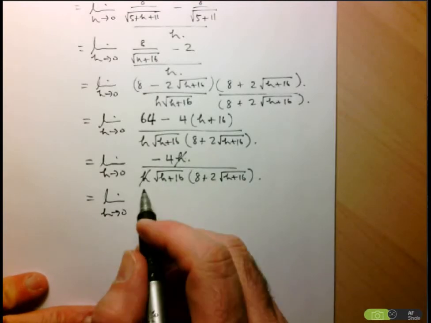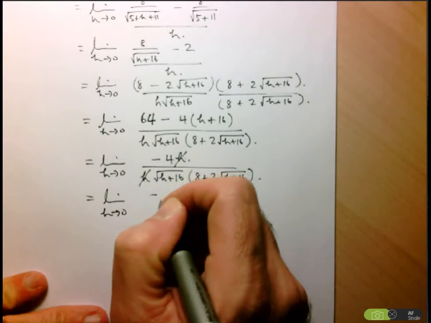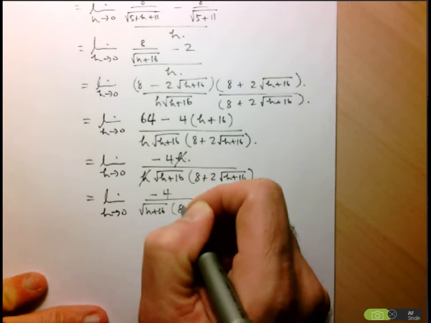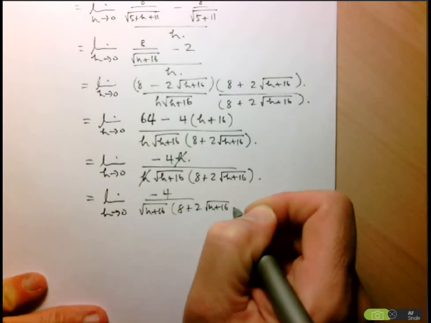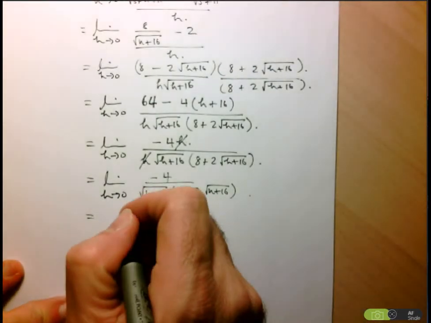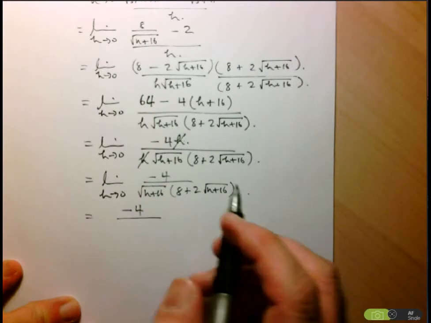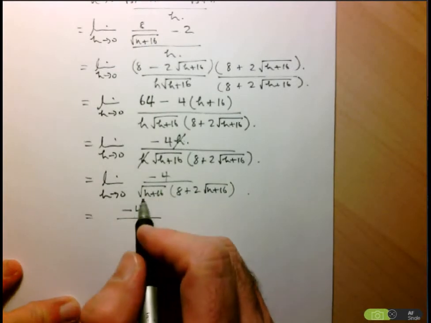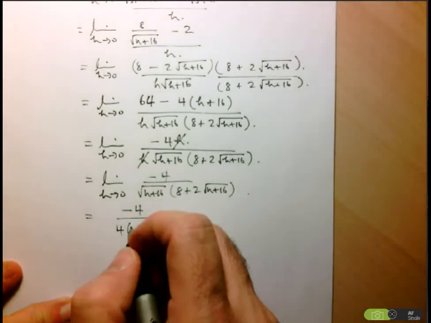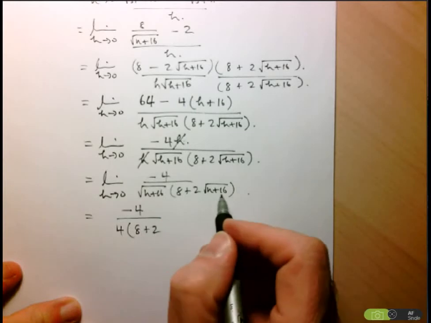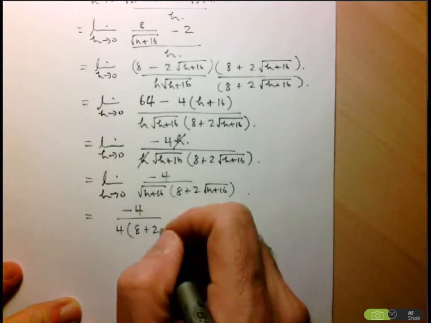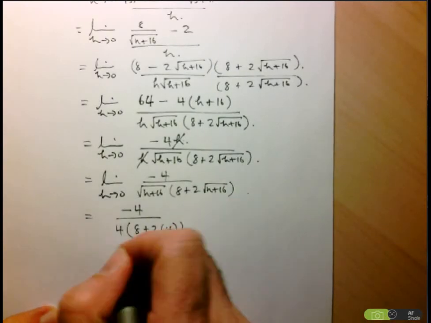As h approaches 0, the numerator just remains negative 4, and the denominator, well, this expression here will approach the square root of 16, so 4, and this expression here is just going to approach 8 plus 2 times, and again, this expression is going to approach the square root of 16, which is just 4.